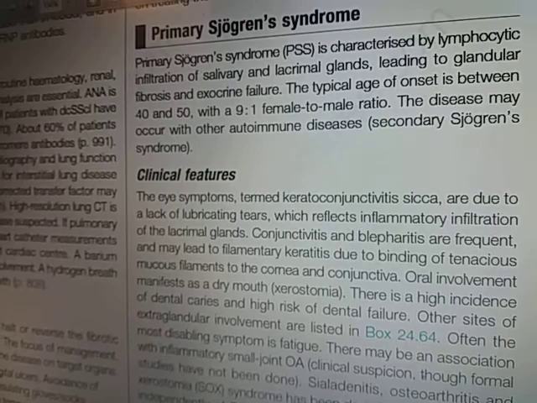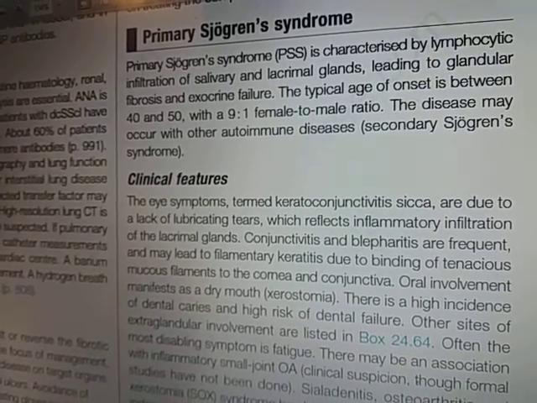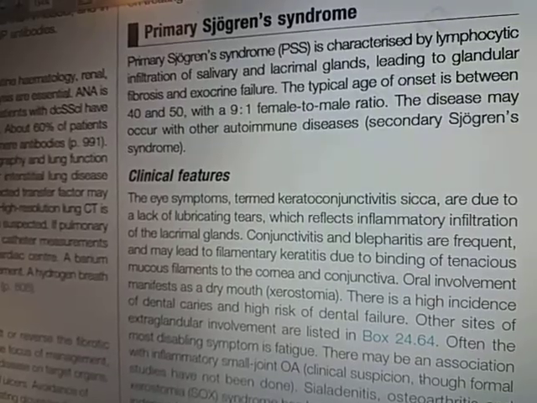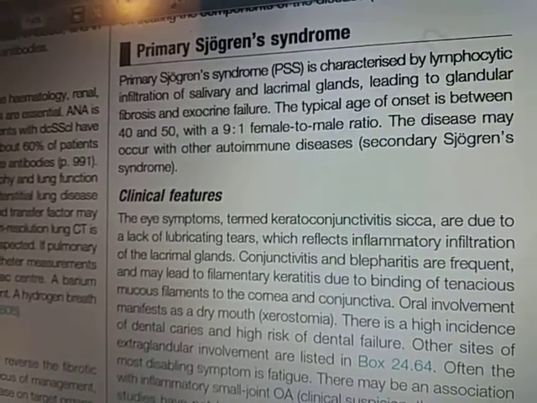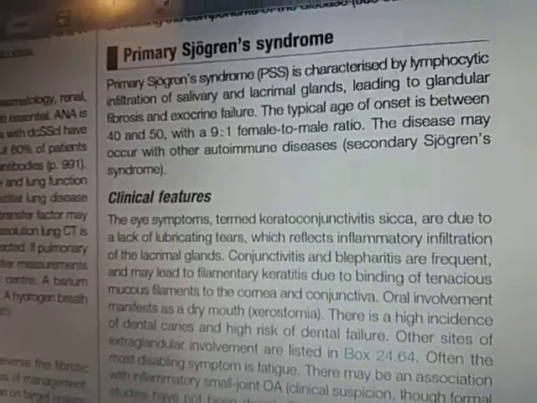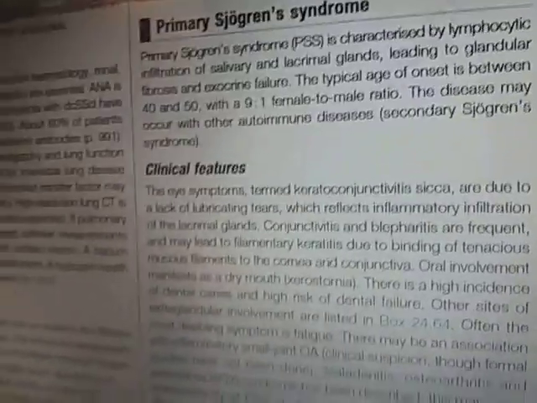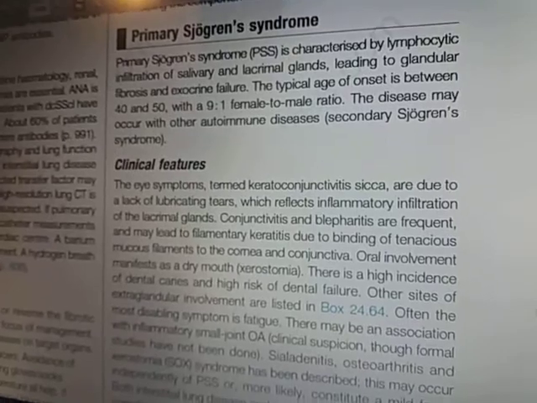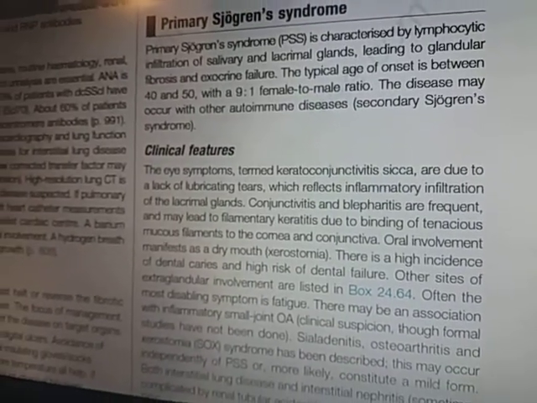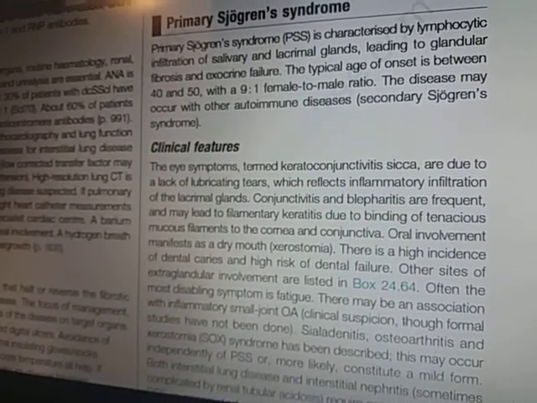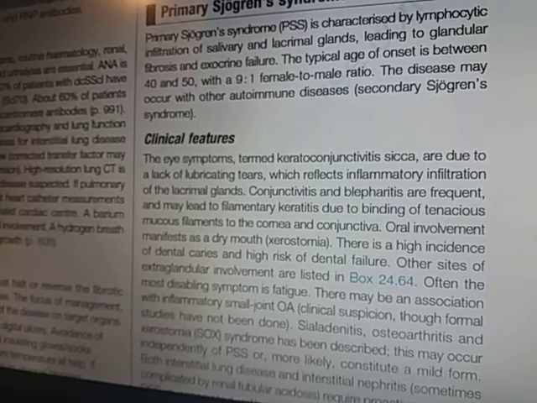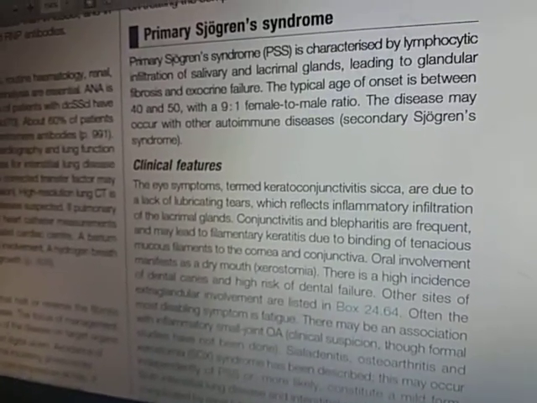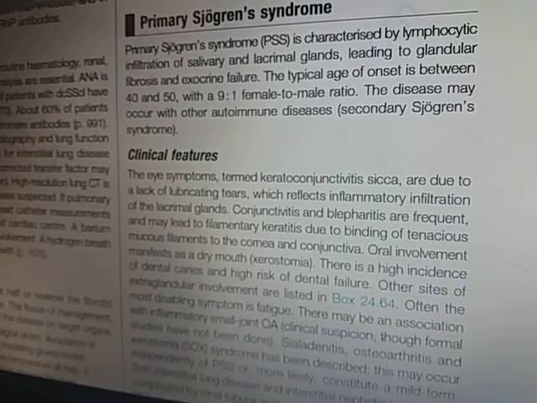It is an autoimmune disorder of unknown cause characterized by lymphocytic infiltration of salivary and lacrimal glands and other exocrine glands, leading to dryness, mouth dryness, eye dryness. The disease may be primary or secondary to other autoimmune disorders.